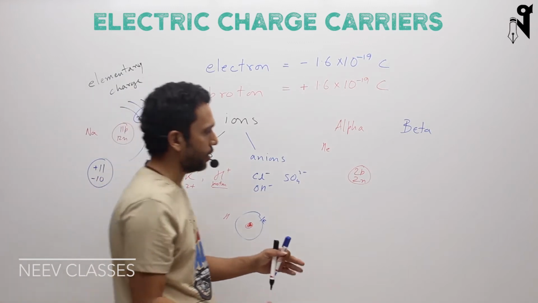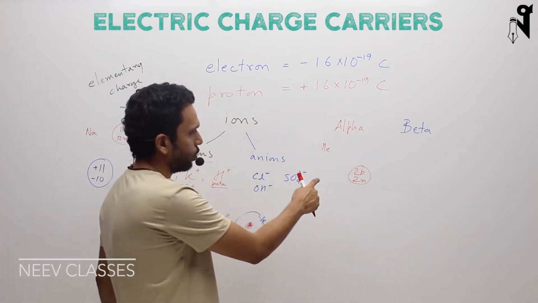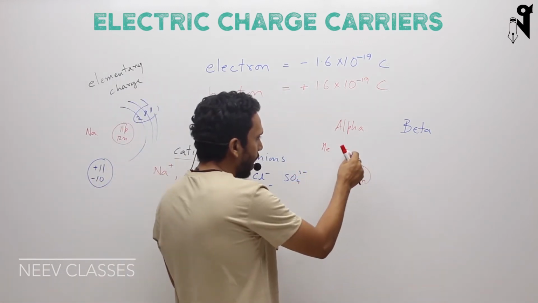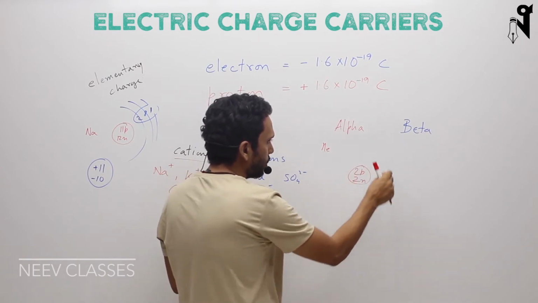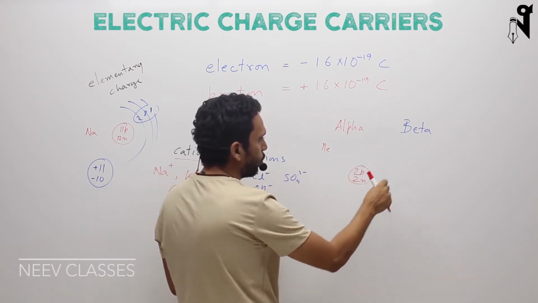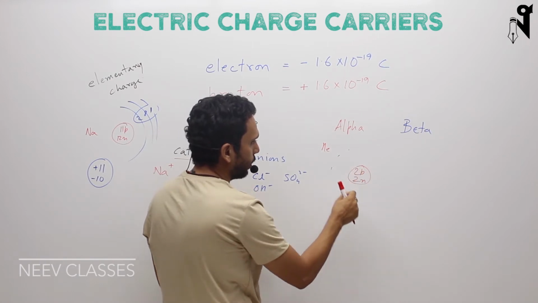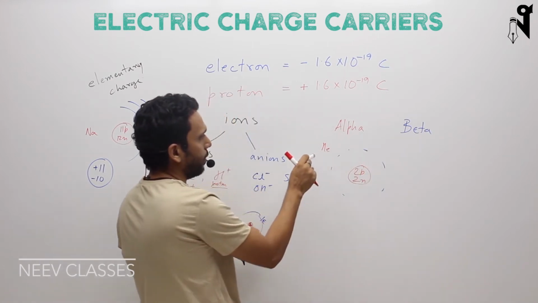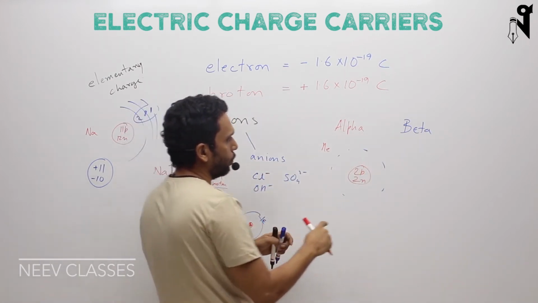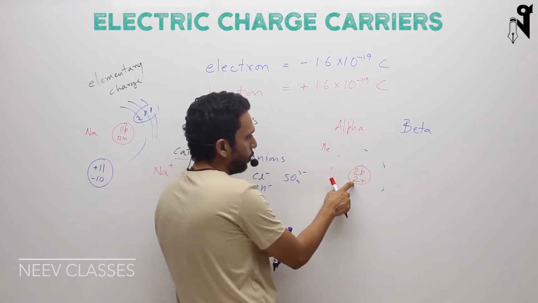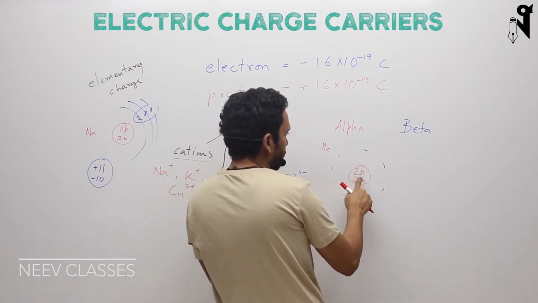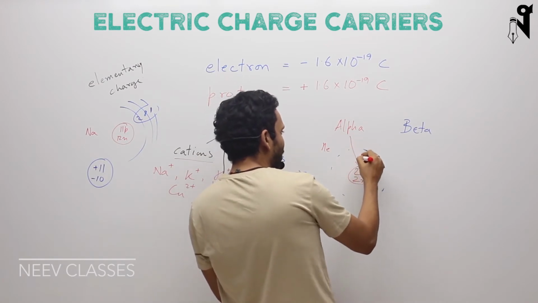Neutrons don't have any charge, just the protons have a charge. And then it had 2 electrons around it. That's a helium atom. If both electrons are removed, then only 2 protons and 2 neutrons remain, only the nucleus remains. So that is your alpha particle.